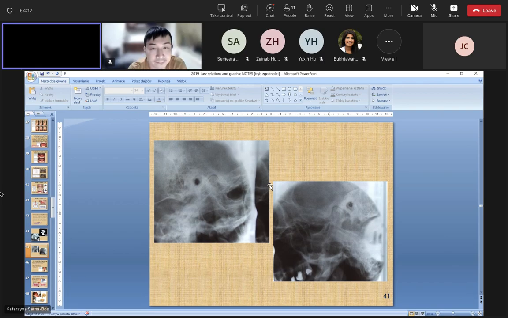So I try to show you this picture to show you the position of the mandible in the glenoid fossa, but of course we have some methods to do that.